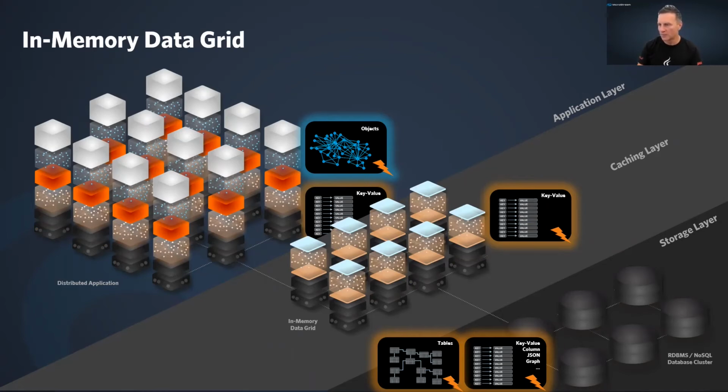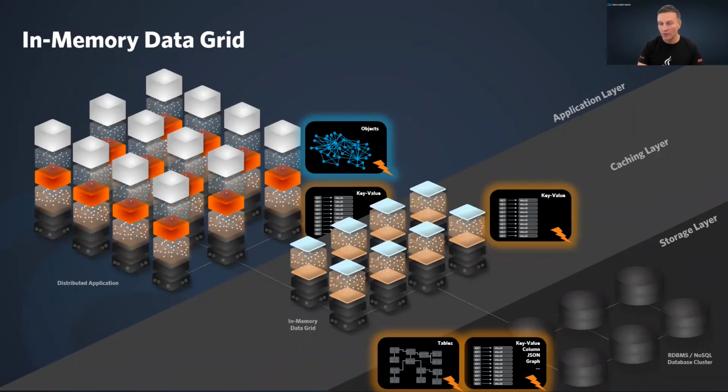And this is the most important difference between distributed caches and in-memory data grids, that they can also compute something through hundreds or thousands of nodes and share the computing load through the cluster.